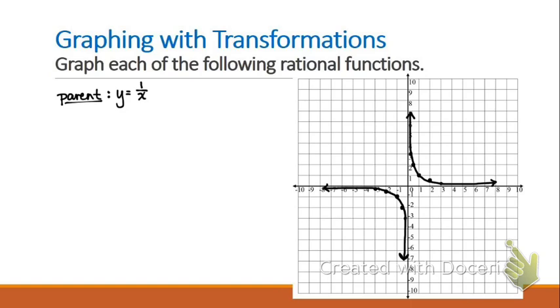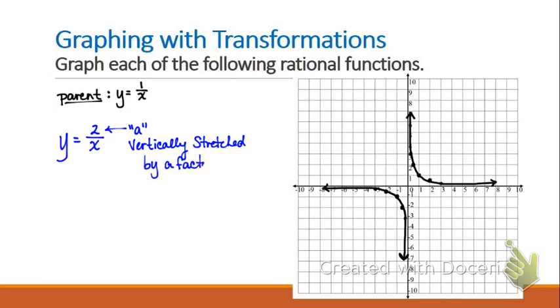All right, let's try a very basic transformation here. y equals 2 over x. This 2 is my a value, and so that is going to vertically stretch it by a factor of 2. So I can use that a value to get a very simple rough sketch here.